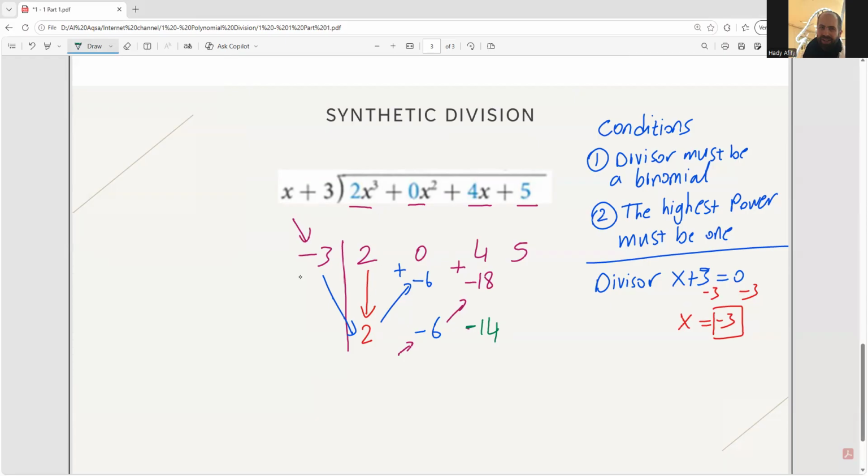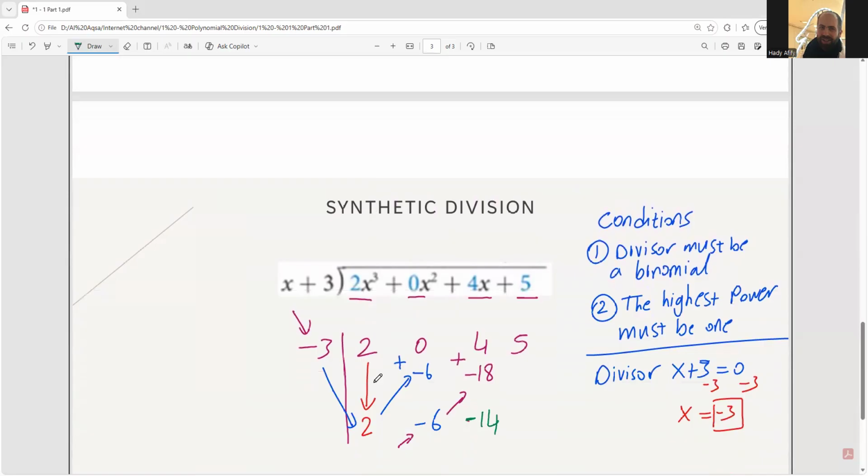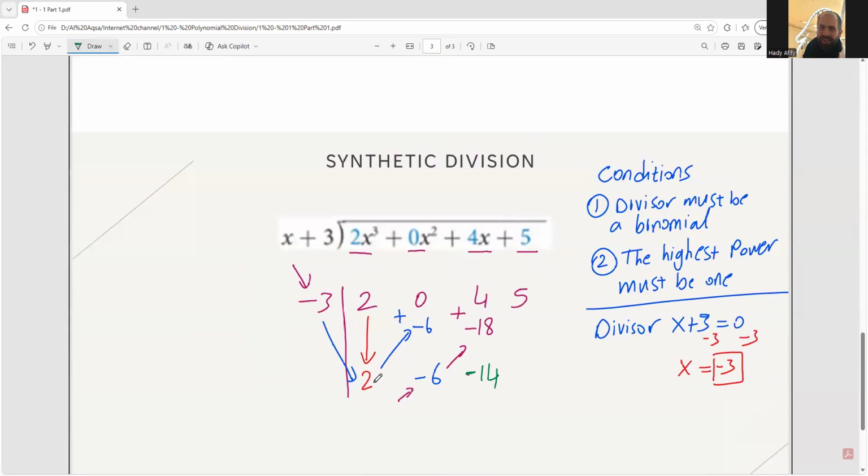And then you're going to multiply again negative 3 by negative 14. Okay, I have a feeling that something is actually wrong here. Negative 3 times negative 6. Oh yes, I actually made a terrible mistake, which I am very sorry about. It is also a common mistake that I have seen my students make quite a lot if they don't use a calculator.